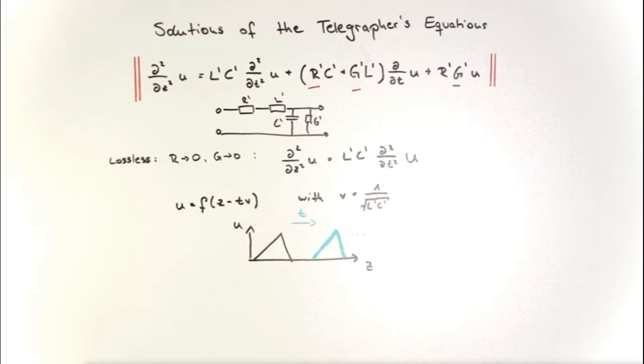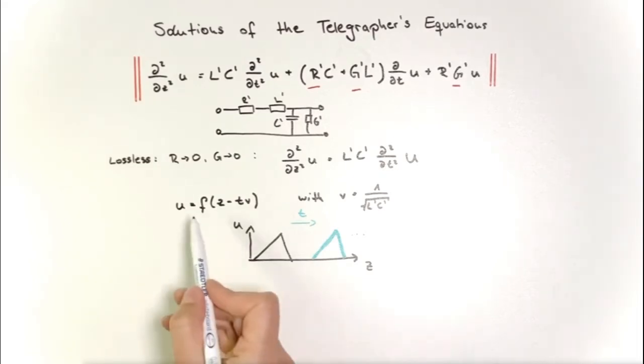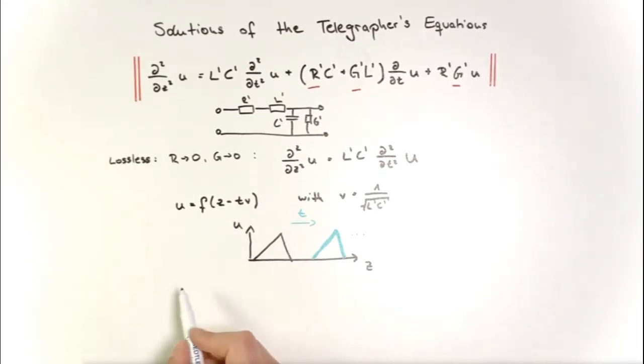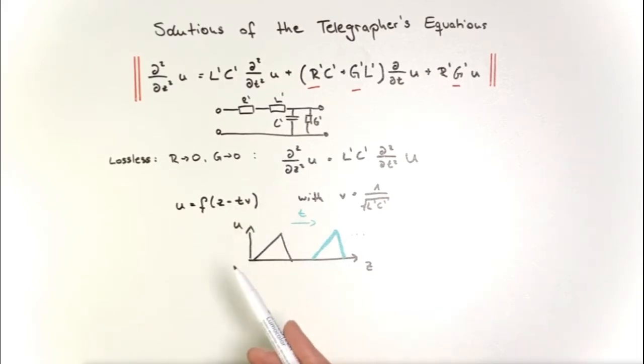Of course, when we have solutions of differential equations, we can superpose them. But for that, we need another general solution. So not just f, but we will call the other one g. And what we'll change here is not the linear dependency, but what we will add is the following. So g is then a function of z plus t times v.